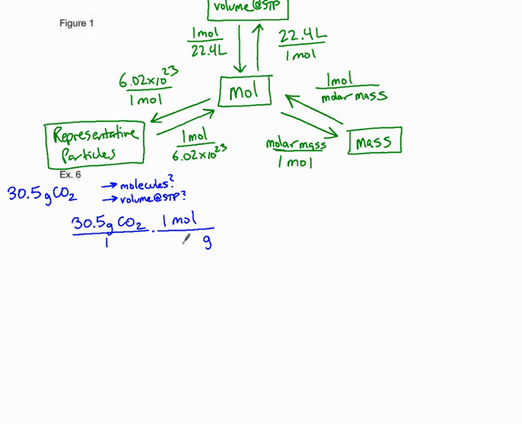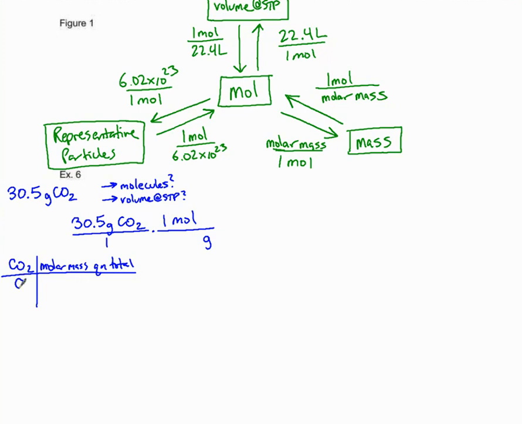But this is the one number that we have to calculate because the molar mass is different for every compound. So we're going to set up our table so we can visualize what's going on. So CO2, molar mass, quantity, and total. So I'm making my table here.